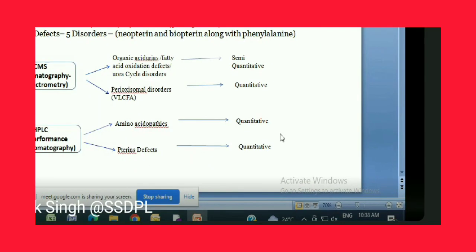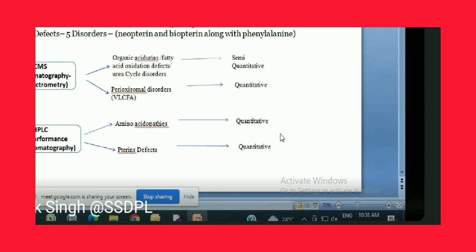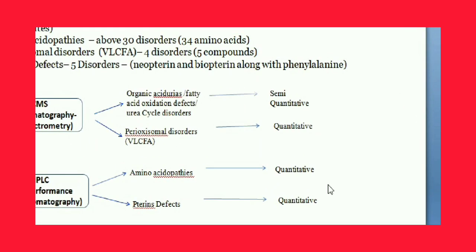related to VLCFA. Say this is a clinical suspicion of VLCFA, but your clinical exome report has given a VUS. So what next? We have to check the compounds, which I mentioned, 5 compounds: pristanic, phytanic, C24, C22, and C26.